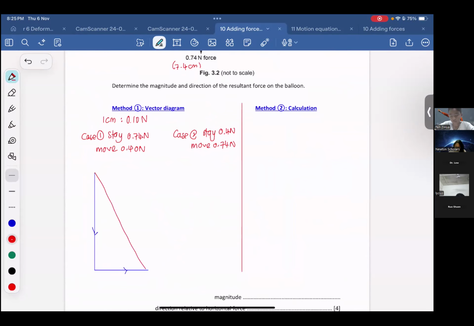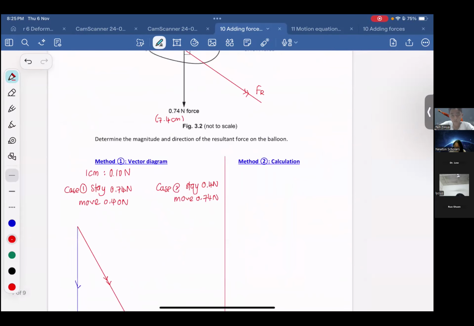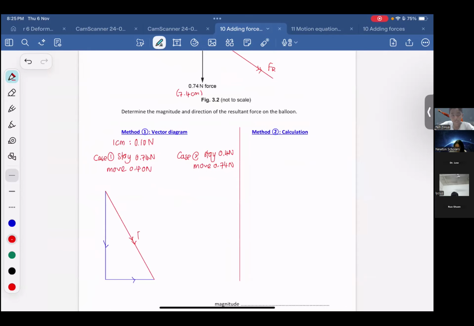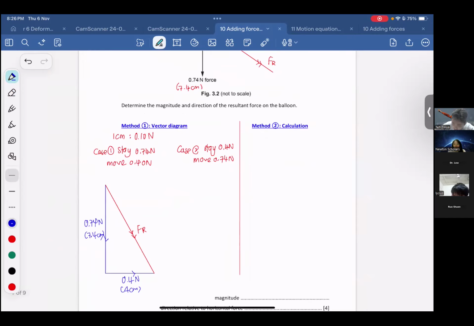Okay, boys and girls, how about the others? Were you able to get the answer? 0.85 Newton, yes, no problem.